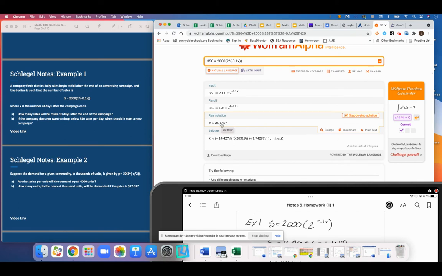We're not going to have 0.14 of a day, so to not drop below 350 sales per day, the company cannot go over 25 days without advertising.